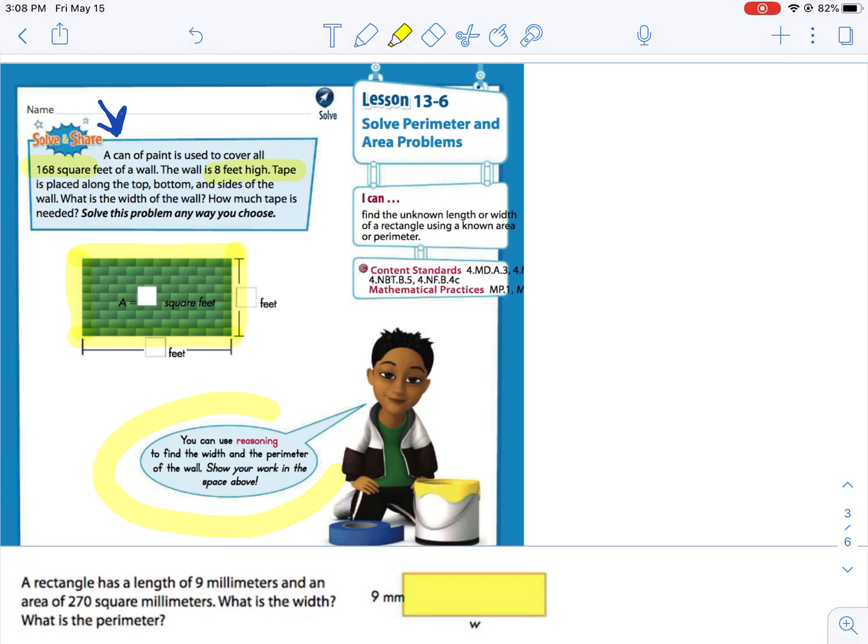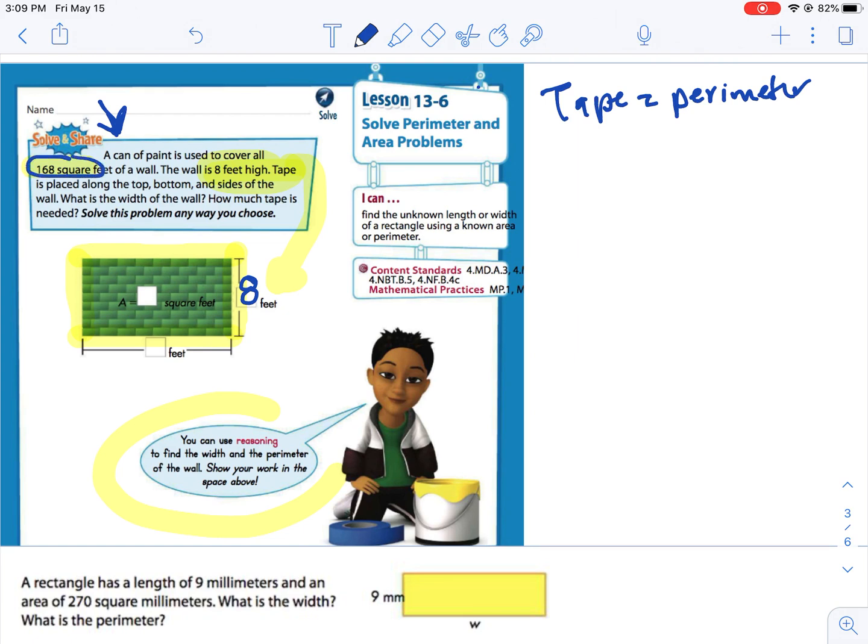So this is the tape. The tape we're looking for is really the perimeter. So that's one thing we have to solve. And then it says here that the wall is 8 feet high, so this means this is the height. So we know that much.